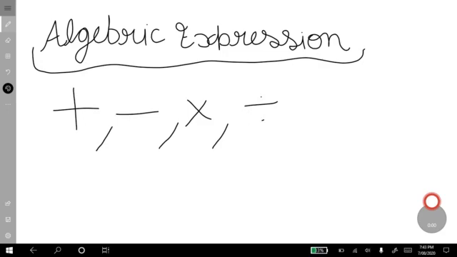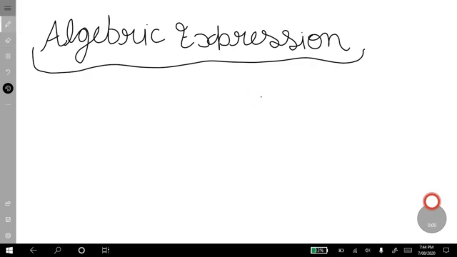So I know your little minds must be wondering what these terms are. So let's move on to find good definitions for these terms. Before that, I want to tell you about expression. So let me write this.